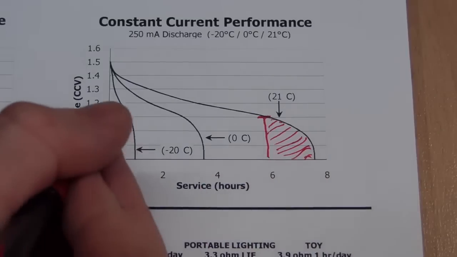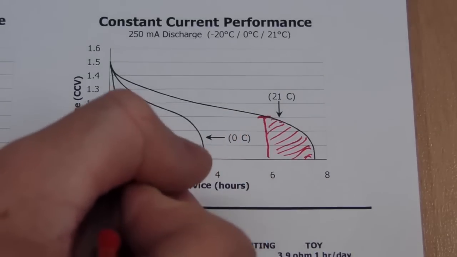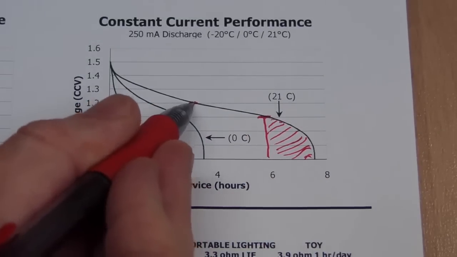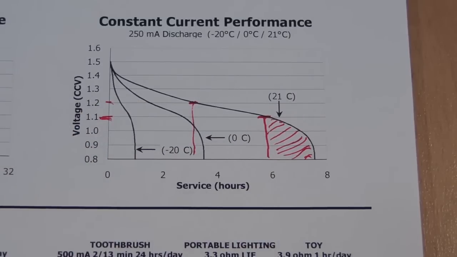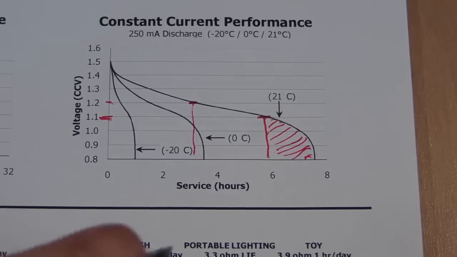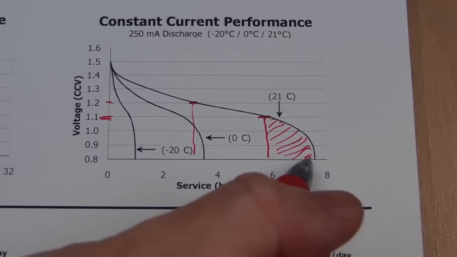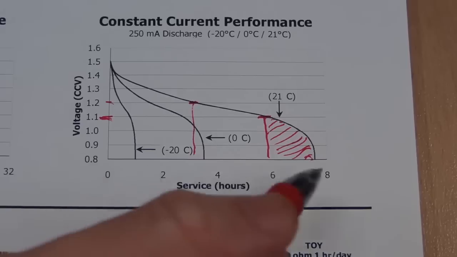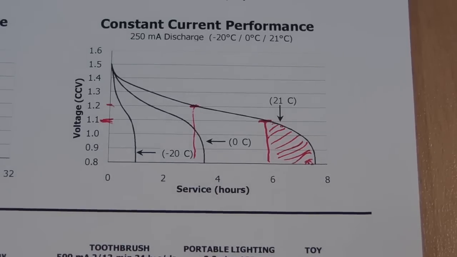It gets even worse if you do 1.2. Look at 1.2 volts. If you set it to cut out at that, you're wasting half of your battery capacity. It's crazy. So a well-designed product will have as low a cutout voltage as possible. And for an alkaline, that's about 0.8 volts. A superbly designed product will operate all the way down to 0.8 volts per cell.